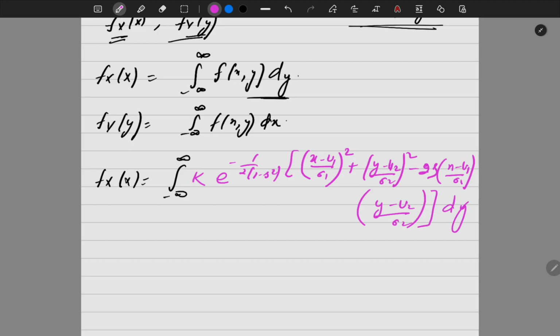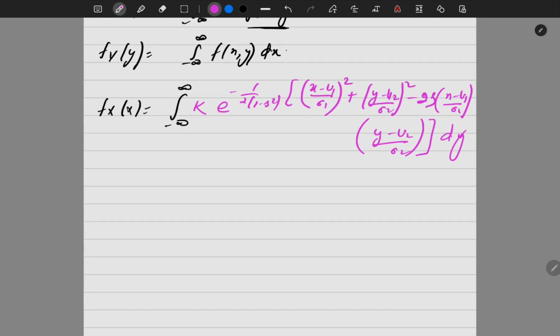This is dy. See, let u be equal to y minus mu 2 upon sigma 2. We are letting y minus mu 2 upon sigma 2 be equal to u. So what will be dy, or we can say du?